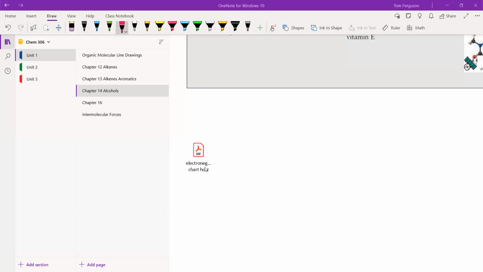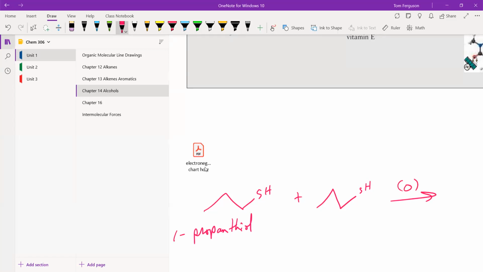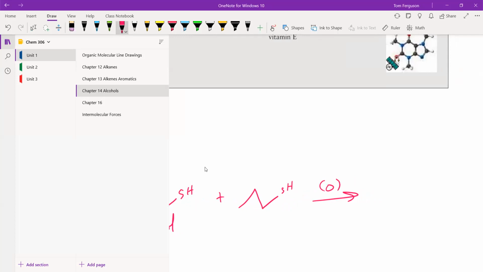I can't write on this. So these are 3 carbons now. So 1, 2, 3.